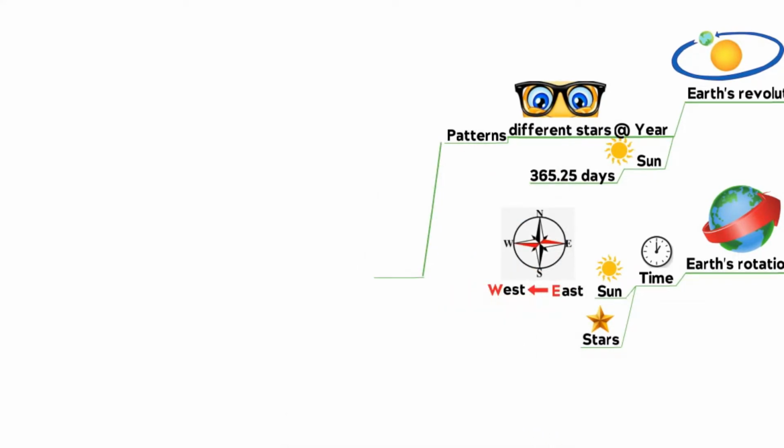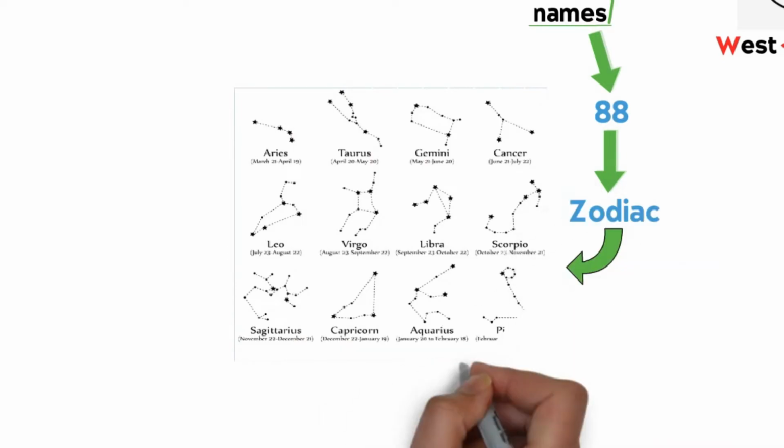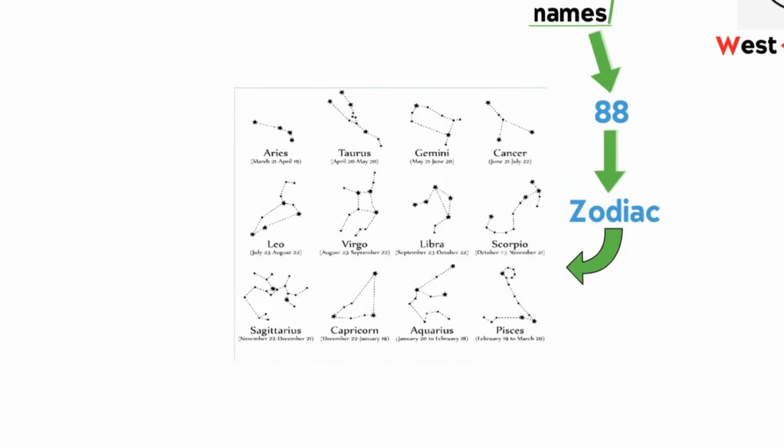The path of the ecliptic passes through 13 of the 88 constellations officially recognized by the International Astronomical Union. Just 12 of those make up the Western zodiac.